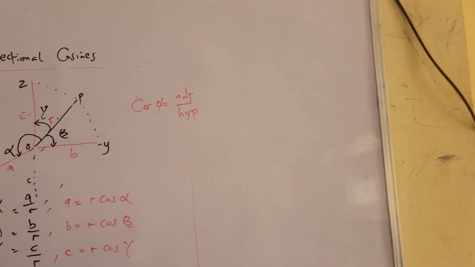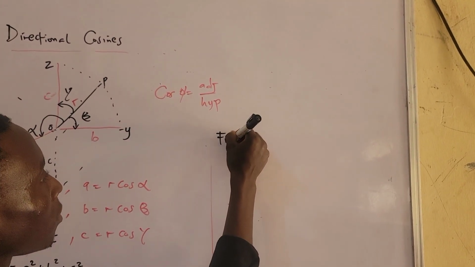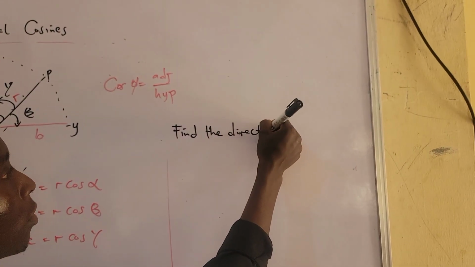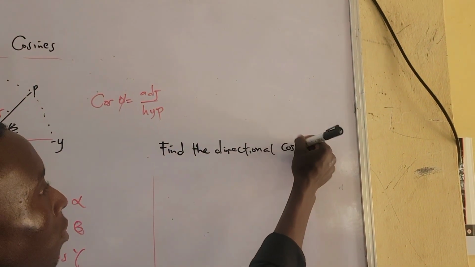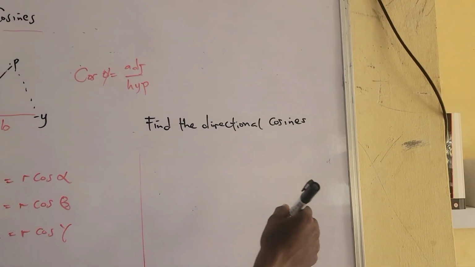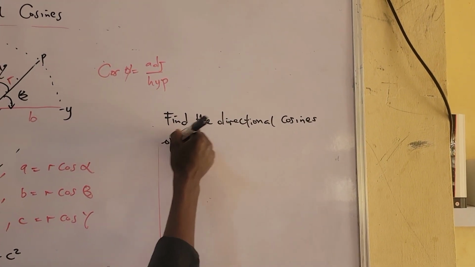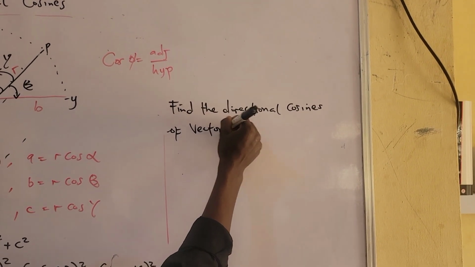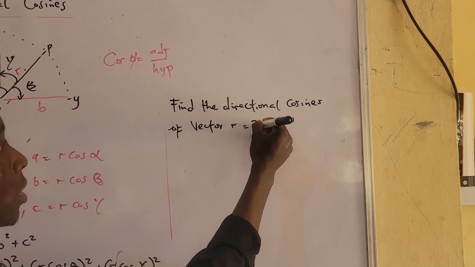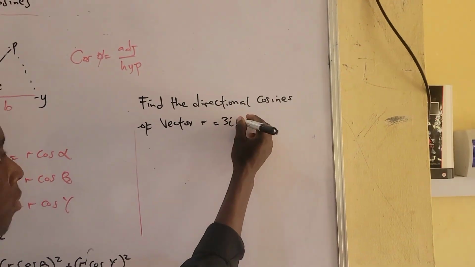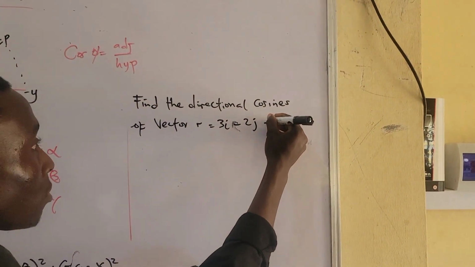Just a brief one. Find the directional cosines of the vector r equals 3i minus 2j plus 6k.